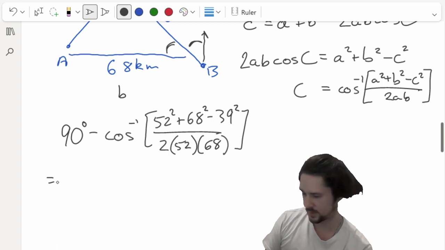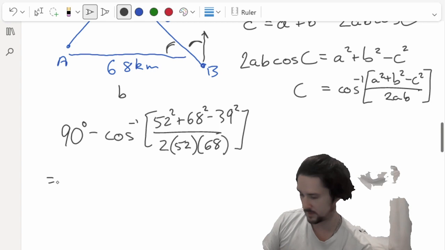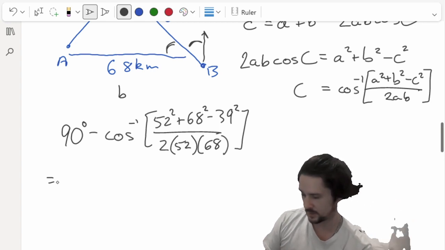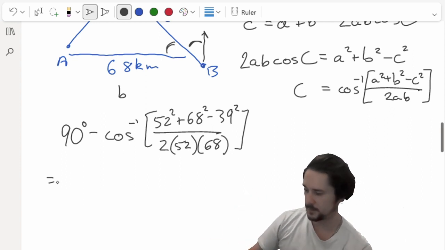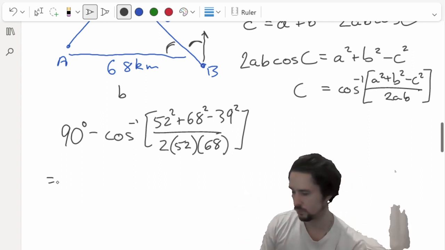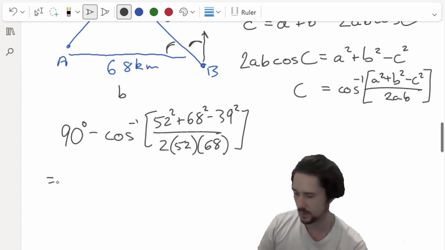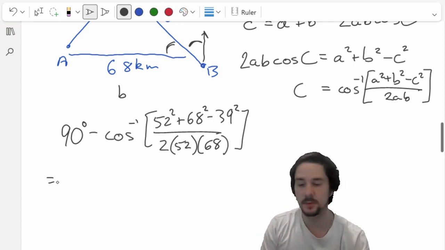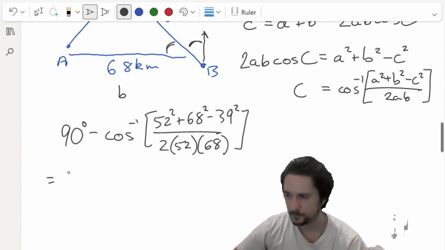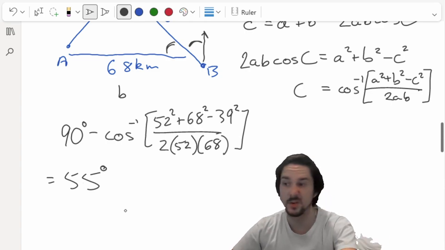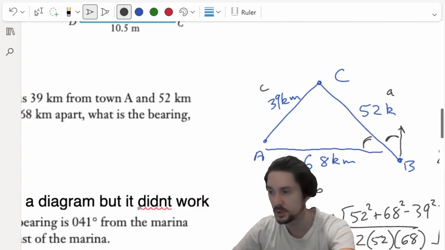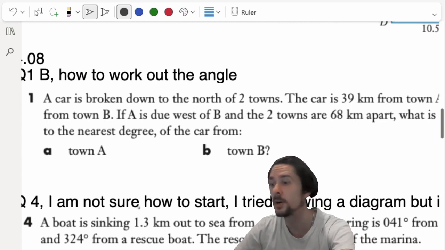My numerator is going to be 52 squared plus 68 squared minus 39 squared, and my denominator is going to be 2 times 52 times 68, and I get 55.197, whatever. I'm just going to say 55 degrees to the nearest whole number because I don't think the question specified. Yeah, okay, to the nearest degree.